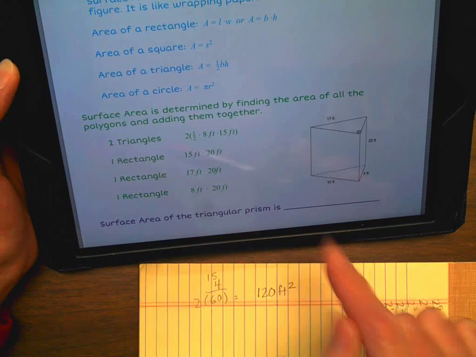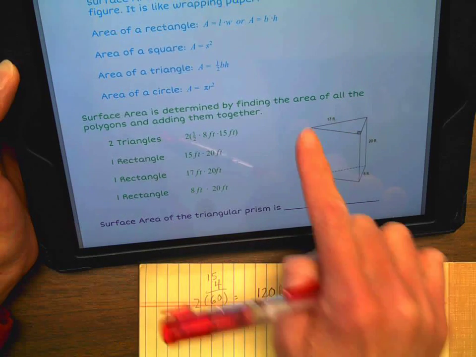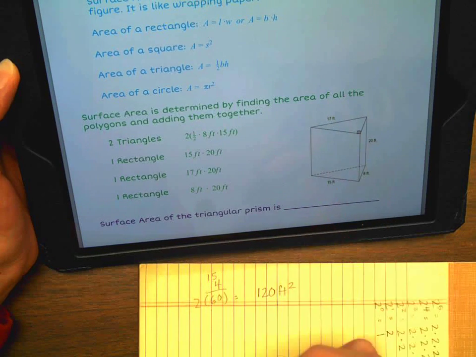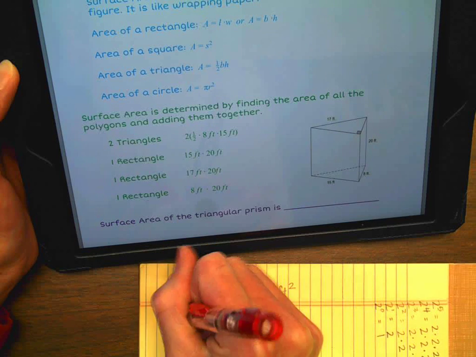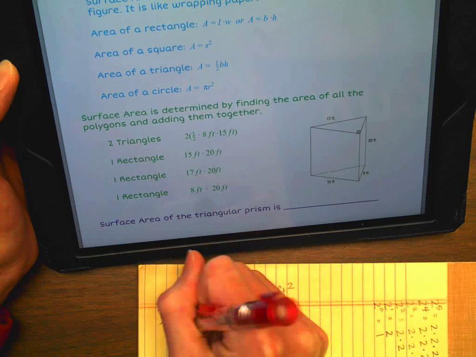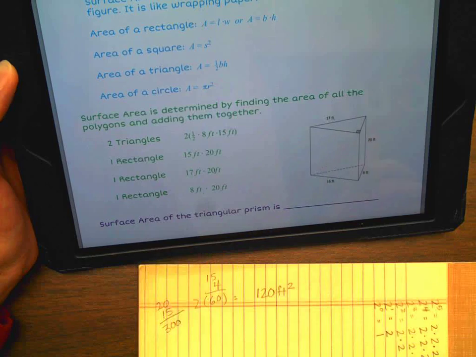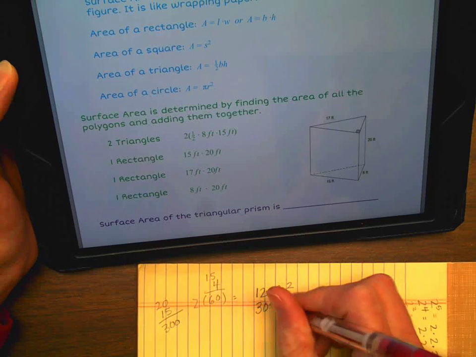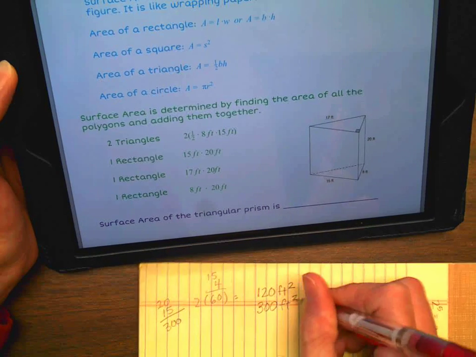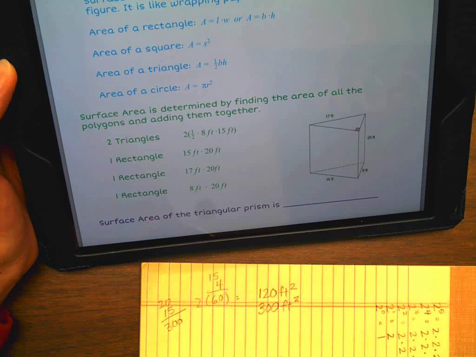Okay, now I have to find the rectangle. The rectangle on this front edge right here says that it's 15 by 20, so all I have to do is take 15 times 20, and I get 300. So this one would be 300 feet squared, okay, because I found the area of that one.